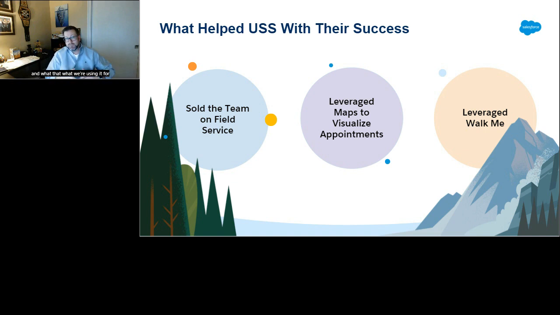What we're using it for is any enhancements or any training that we need to go back and do, or if we realize that there's a subject matter within Salesforce Field Service that people aren't getting. Well, now we can do tutorials within WalkMe that show them how to do that. Or a new enhancement, new process that comes out, we can go in and show them how to do it using WalkMe, not having to have someone over the top of them, behind them to show them in these pandemic days.